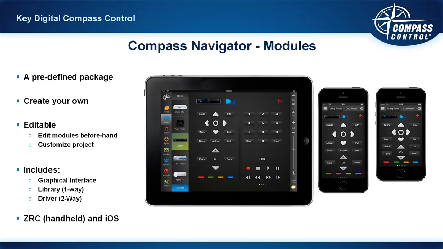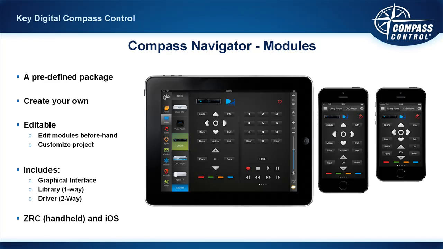This whole control interface. It is the library. A library is a one-way code set, and potentially a driver, a bidirectional code set, already populated on each button in that module. So it's not just bringing in a device, it's bringing in the graphics to go along with it.